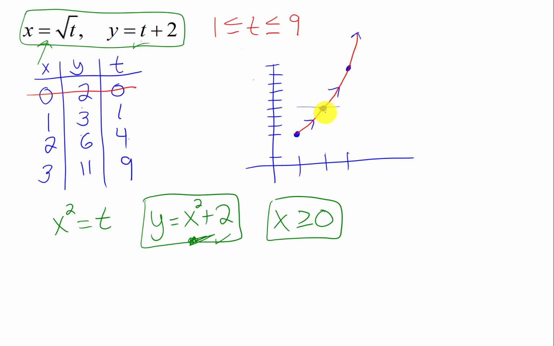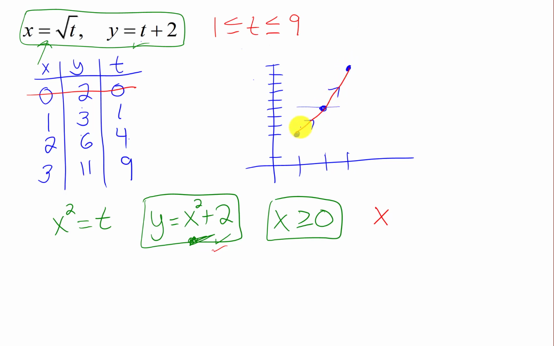And if that would have been the case, then what I would do to modify or put a restriction on when I've eliminated the parameter is then I would have x be, let's see, this would stop at 9. So let's modify this graph a little more. It would need to actually stop when t was 9.